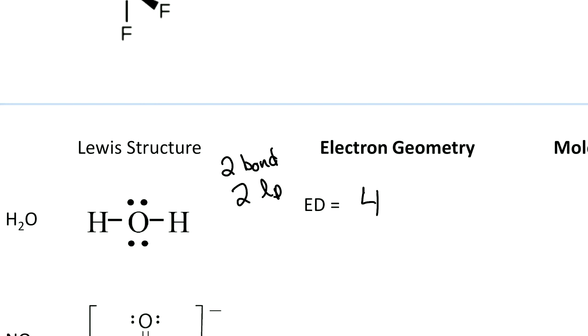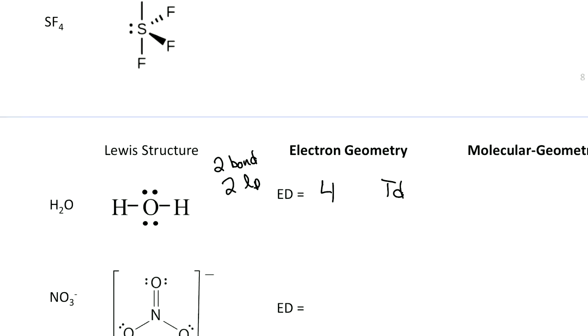So since the electron domain shape is still 4, that means the template we're working with is still a tetrahedron. All right, so we want to start with that tetrahedron shape. So 1, 2, 3, 4. All right, 4 electron domains, but this time, how many lone pairs do we have to consider? 2 of them.